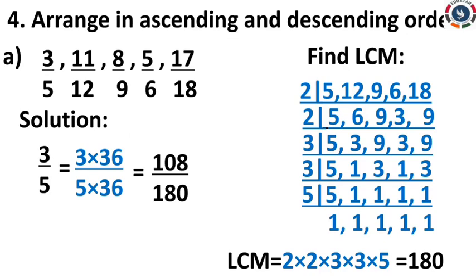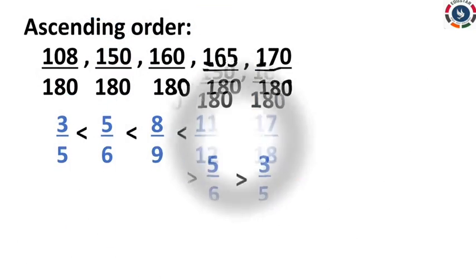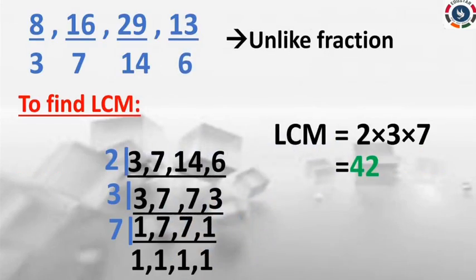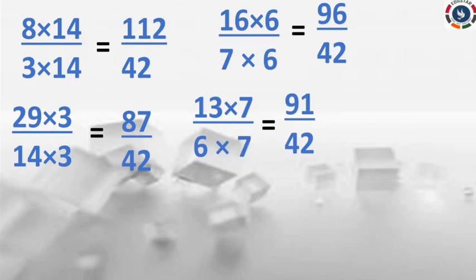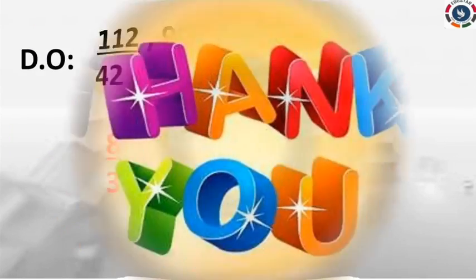Fourth one, arrange in ascending order and descending order. So you want to complete two sums here, A and B. Up to that you want to complete.